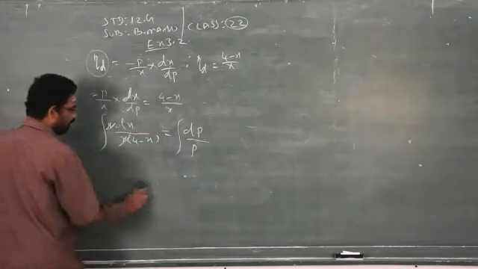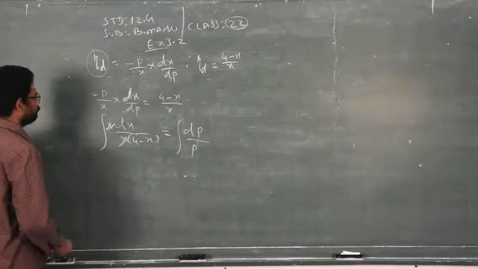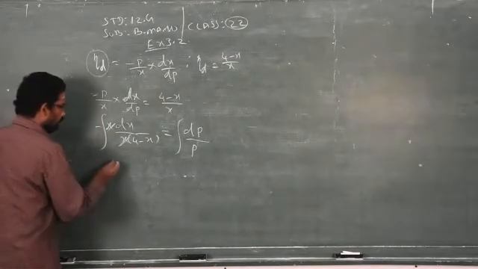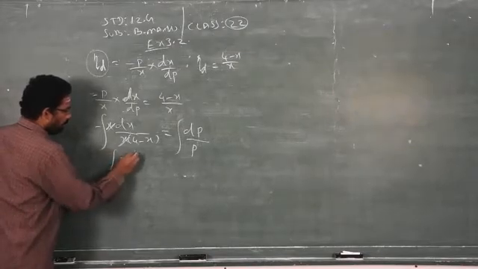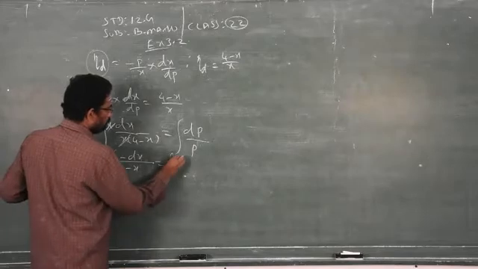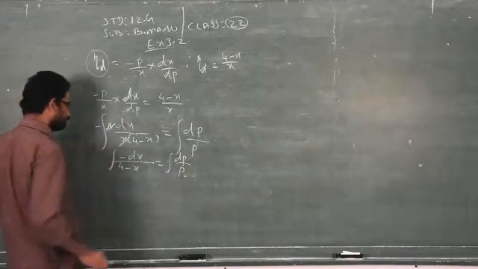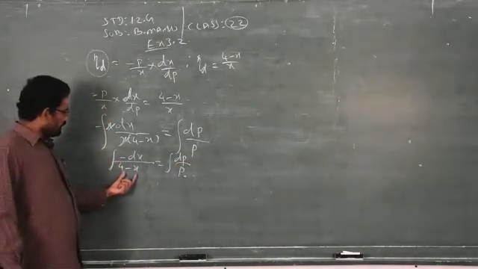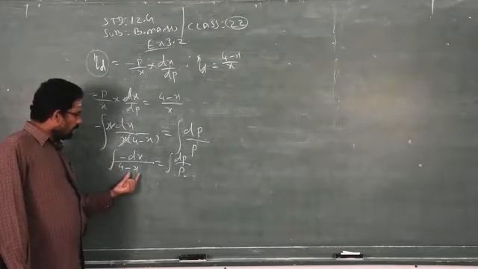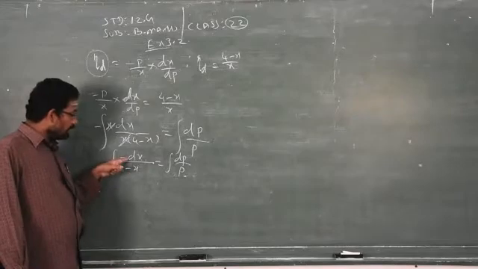to make my calculation part very simple, I retain the negative sign on the left side itself, because minus x dx by 4 minus x is equal to dp by p. See, when I am differentiating the denominator, the 4 will become 0, minus x will become minus 1, which is there already.